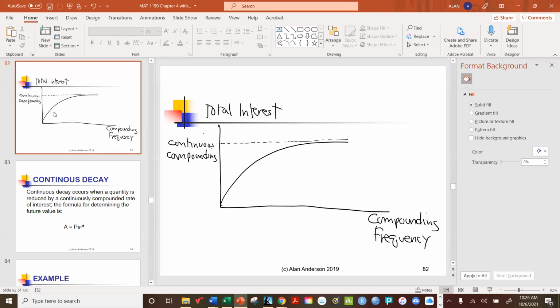So in other words, the amount of interest we earn is limited by the case of continuous compounding. So the black curve here is never going to break through this line. It's converging towards this line, but it doesn't ever actually go above it. So that's the special case of continuous compounding. And it is an example of exponential growth. You can tell by the way the formula is written.